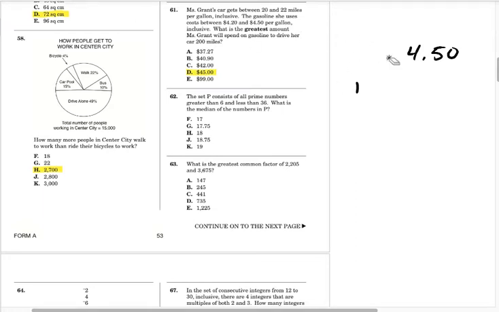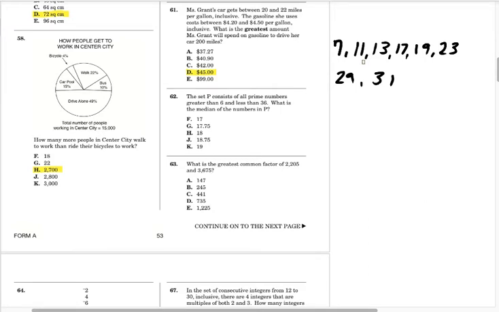Let's see, 62. The set P contains all the prime numbers greater than 6 and less than 36, and they want to know the median. So we have to find the prime numbers. 7, 11, 13, 17, 19, 23, 27, not 27, 29, and 31. 4, 5, 6, 7, 8. 8 of them.